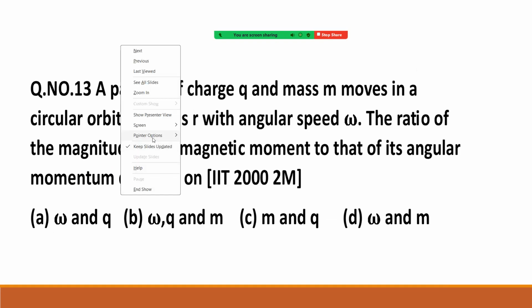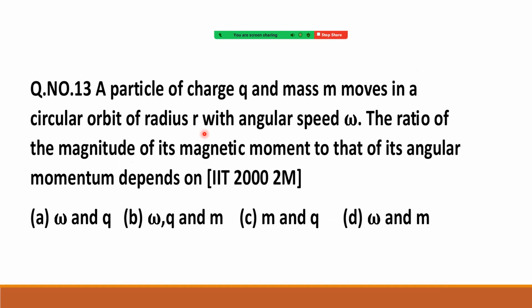This question was asked in 2000 for 2 marks. It is the same question we just discussed. A particle of charge q and mass m moves in a circular orbit of radius r with angular speed omega.